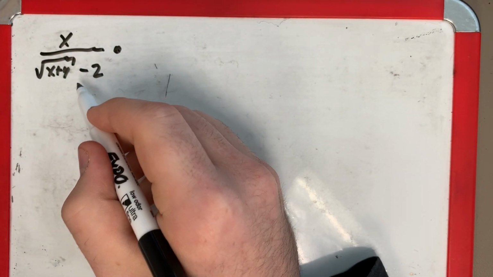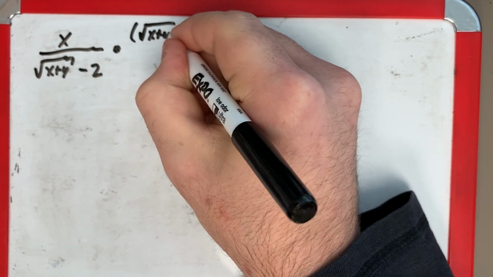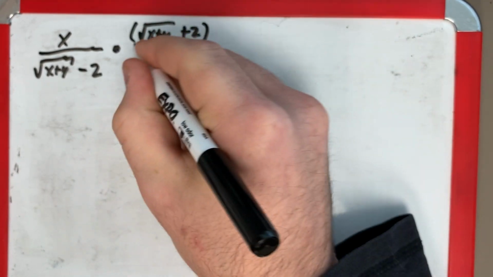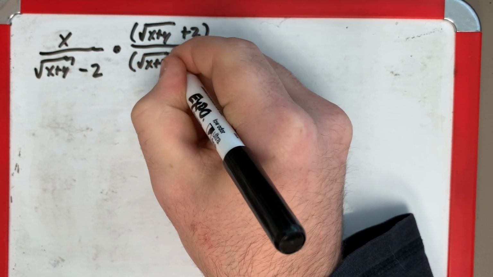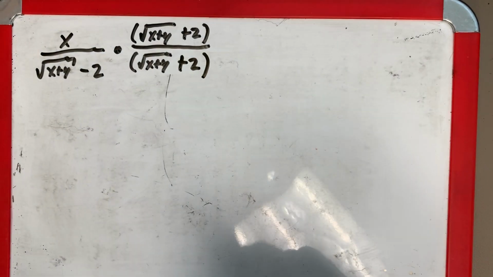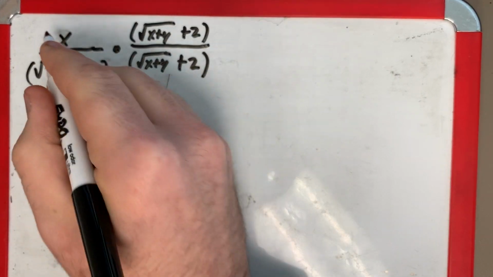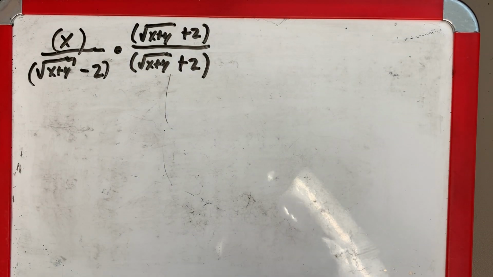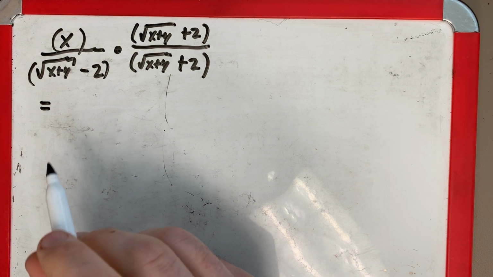I have a minus 2 here, so I'm going to change it to a plus 2 by multiplying top and bottom by square root of x plus y plus 2 over square root of x plus y plus 2. Same trick, multiply by the conjugate. And then put parentheses around everything else so it's clear that we're multiplying, and then FOIL as much as possible.